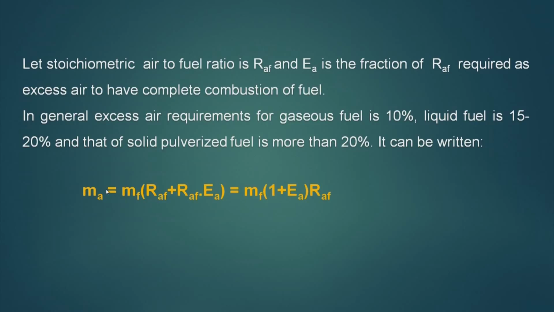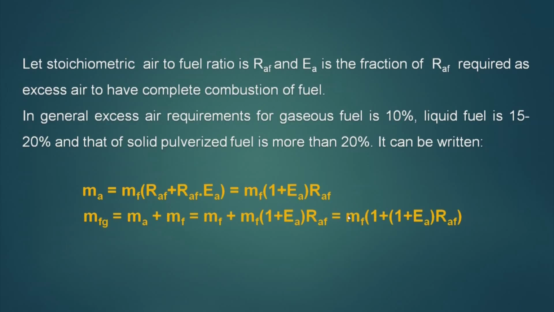So, we can express MA as equal to MF (1 plus EA) into RAF. Similarly, MFG, which is a summation of MA and MF, can be written in terms of MF with this expression.